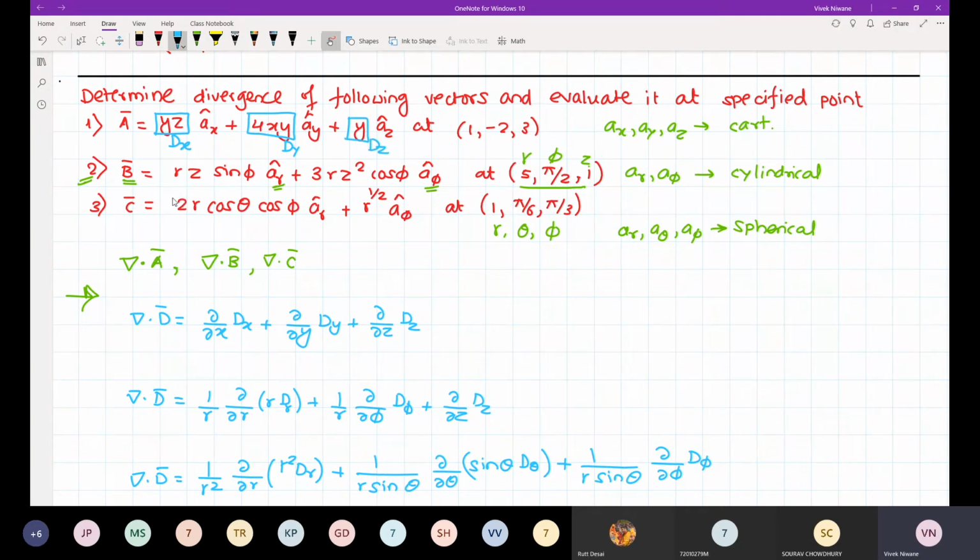The component associated with AR cap in the spherical coordinate system is dr. The component associated with A phi cap is d phi. And the same with the cylindrical coordinate system, this is its dr and this is its d phi. Now you have the set of three formulae for divergence.